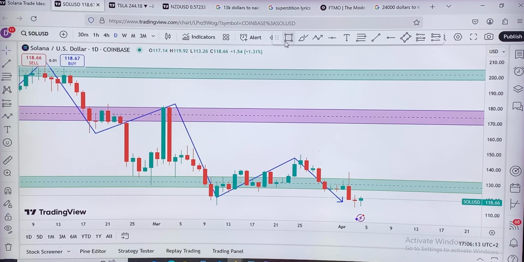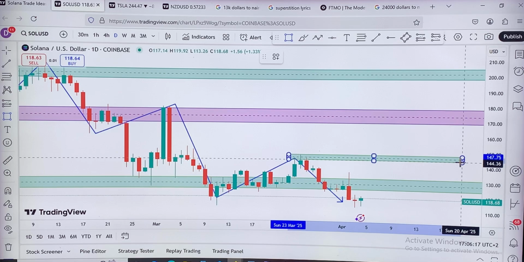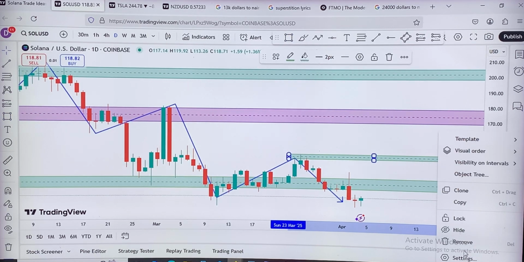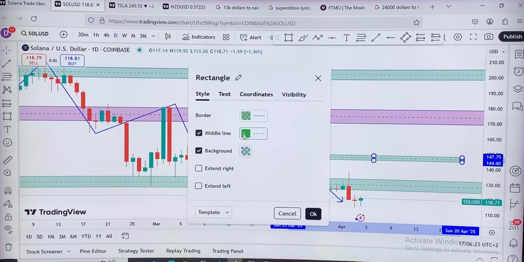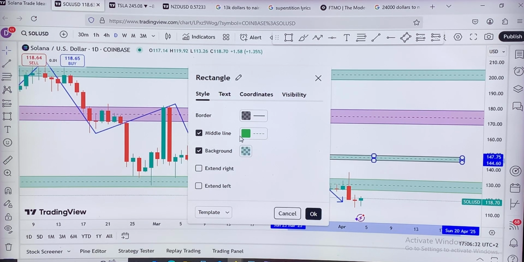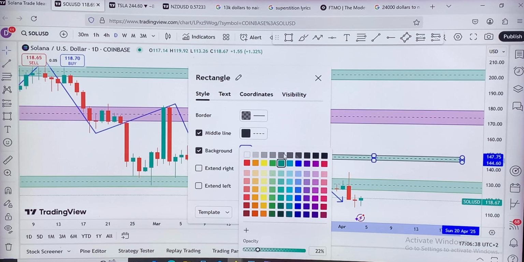All right, let's have a separate color for our daily level. Let's change this to something different so we can understand what is going on. Okay, let's make this black so we could have clarity.